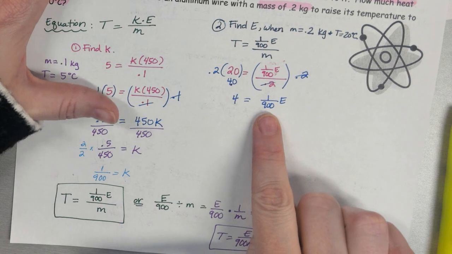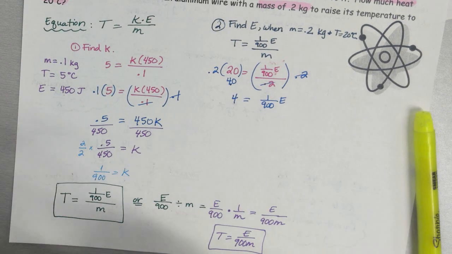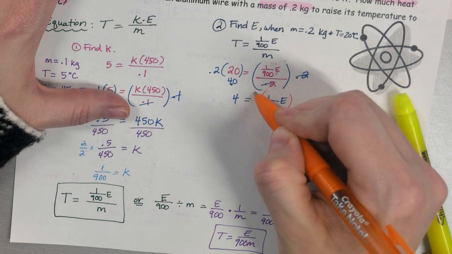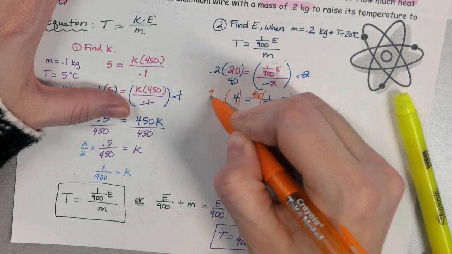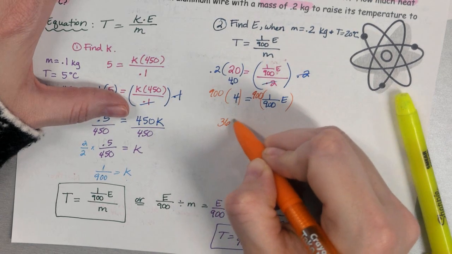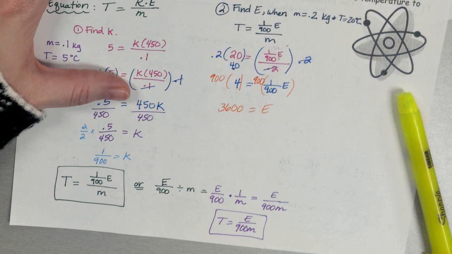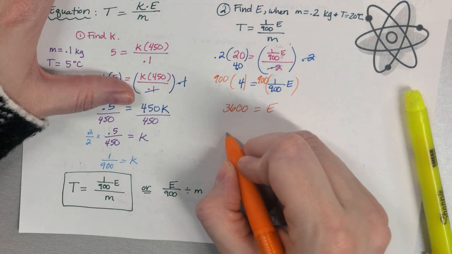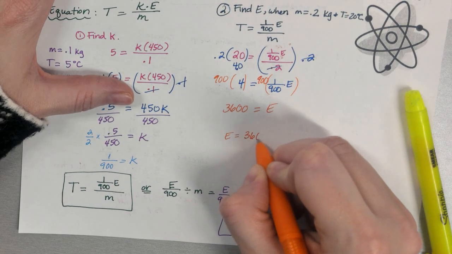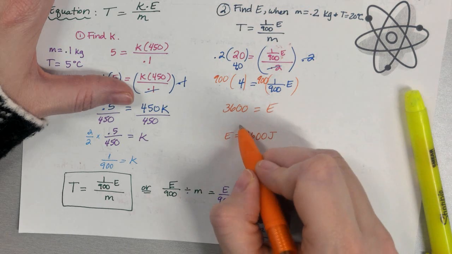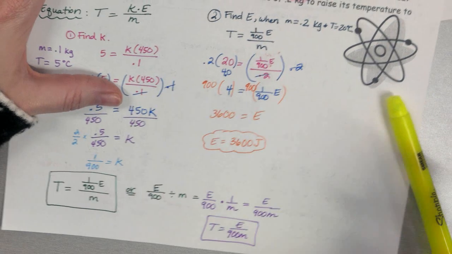And then how do you get e by itself with this guy? Yeah, multiply by 900. So 4 times 900 is 3,600. All right, so then, you guys did it the other way? Yeah. Oh, that's fine. And then this is what you should get.